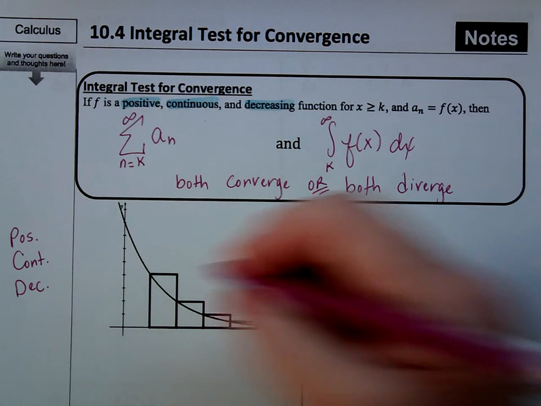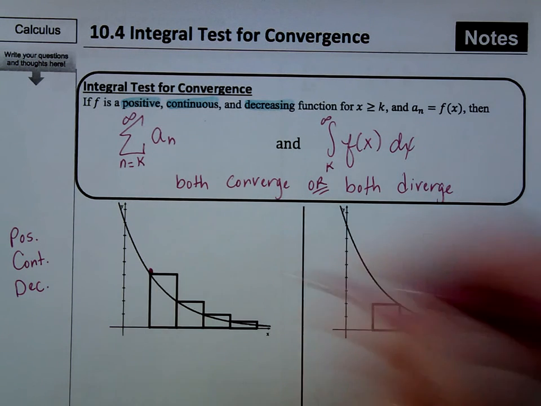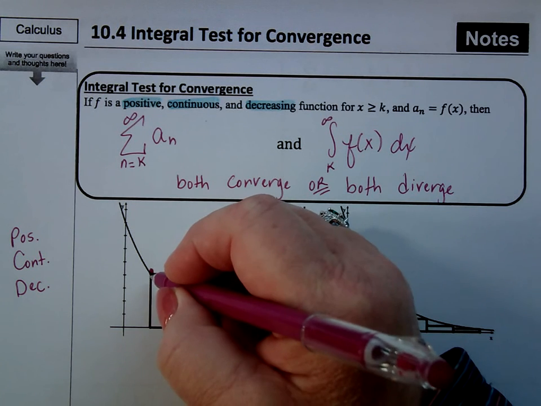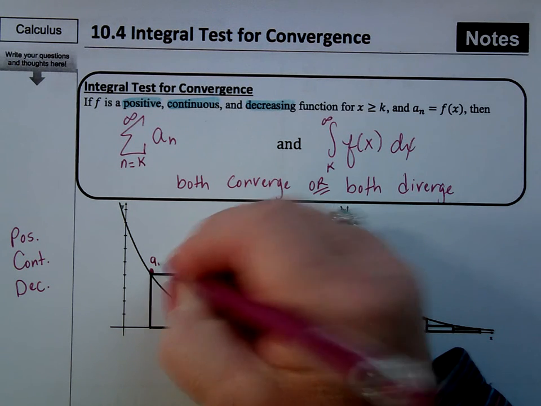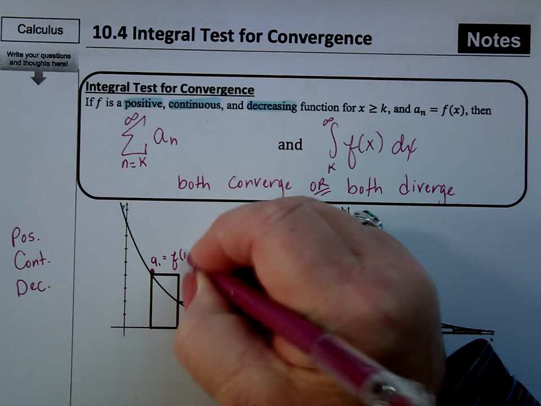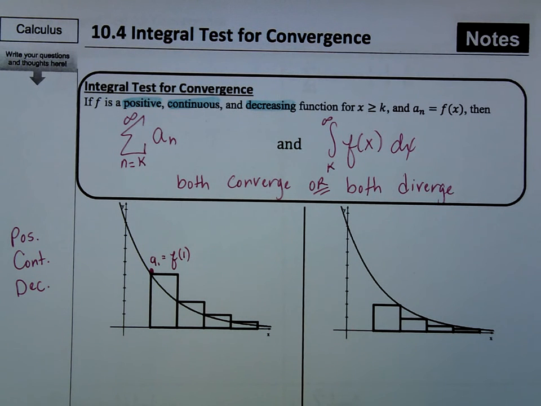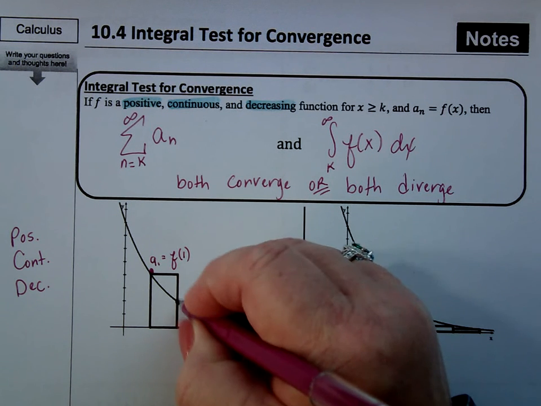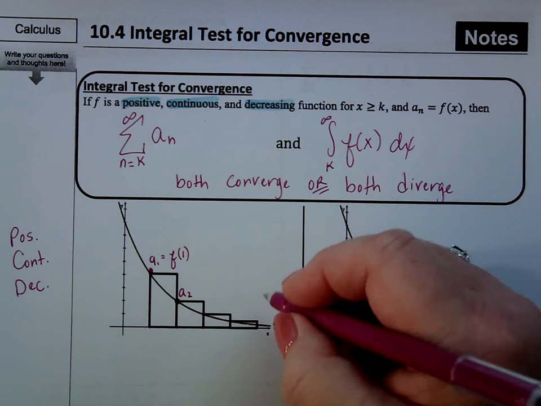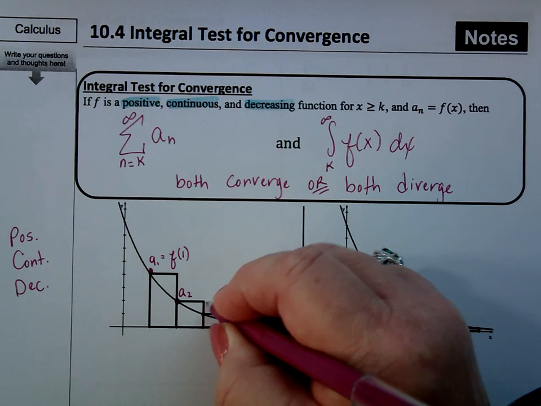So if I'm looking at this point right here, these are like the left and right Riemann sums. This point over here is a sub 1, which is the same thing as f of 1. This guy here would be a sub 2. This guy here would be a sub 3.